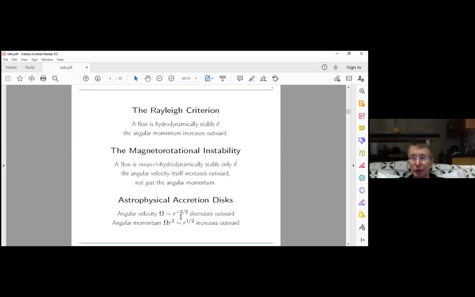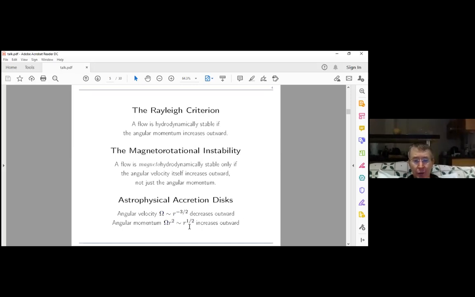So you've already accreted enough stuff onto the central object so that virtually all the mass is contained in it, then you know the rotation profile of the accretion disk must be a Keplerian profile where the angular velocity goes like r to the minus 3/2. So that in particular decreases going outward.